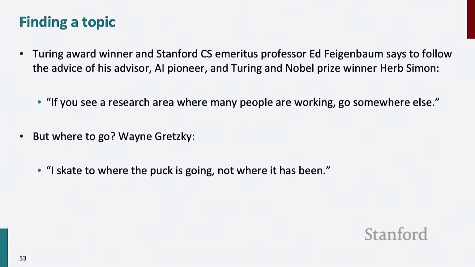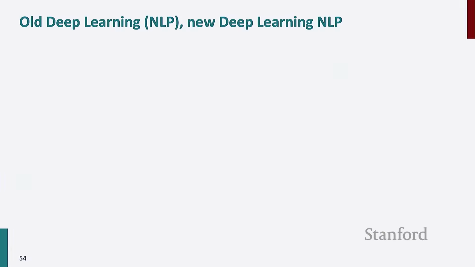Yeah, I do just want to go through this a bit quickly. For the decade that I've been doing natural language processing with deep learning, there's been a sea change in what's possible.